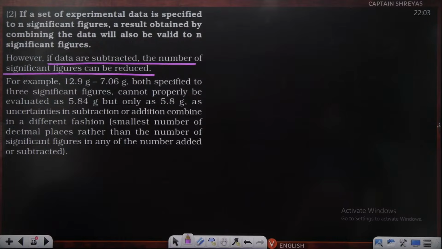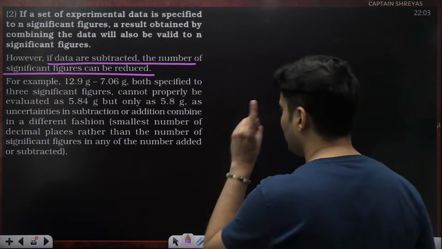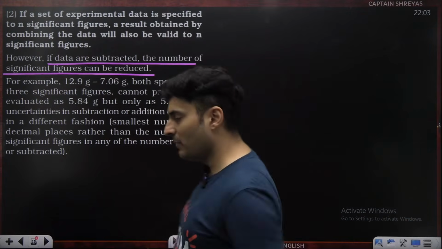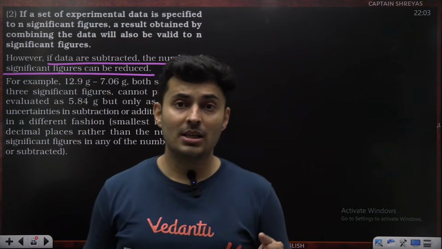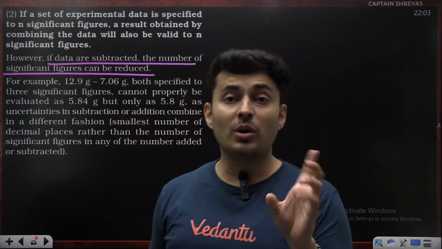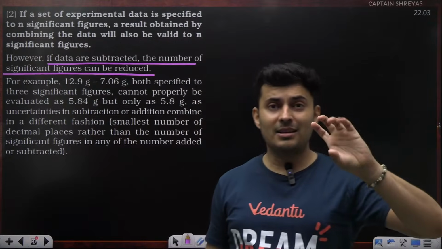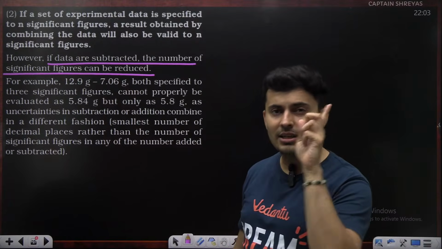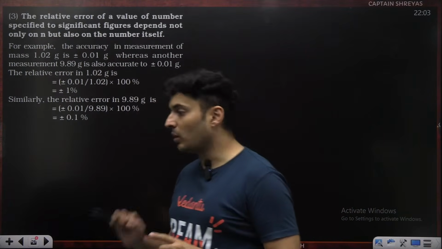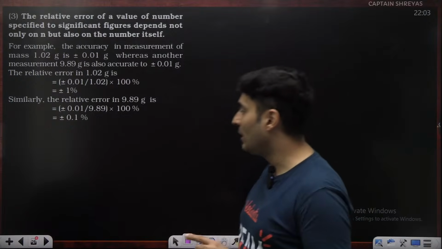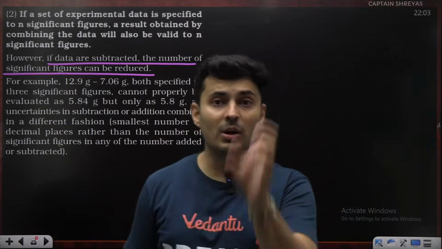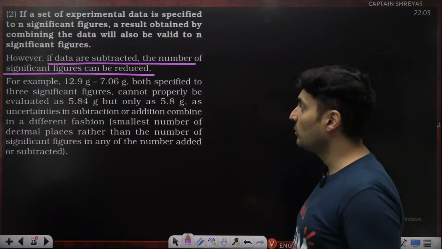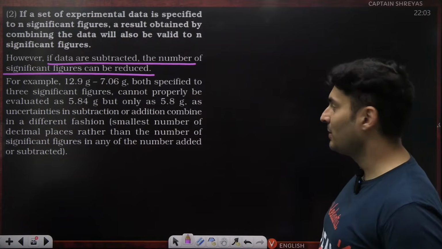As uncertainties in subtraction or addition combine in a different fashion, the smallest number of decimal places is used rather than the number of significant figures. If you remember, when we spoke about how to add and subtract, only for addition and subtraction, you have to always count the number of decimal places.